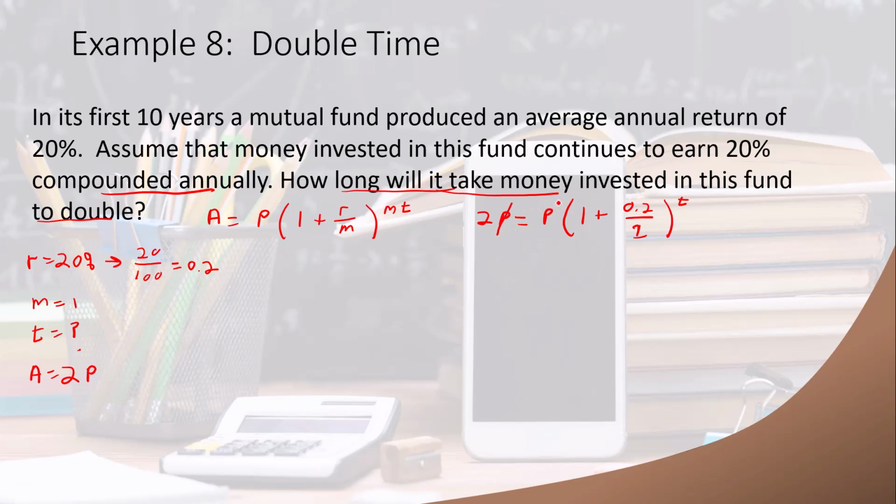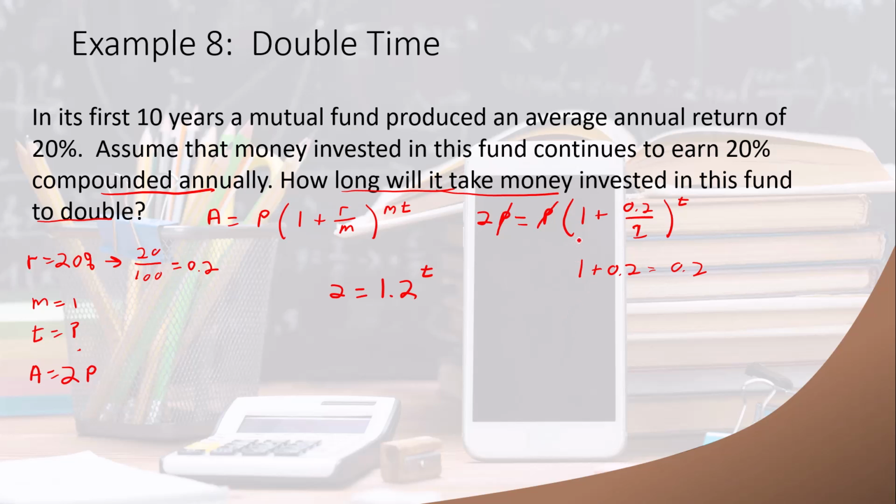They cancel out. If I divide both sides by P, they would be gone. 0.2 divided by 1 is just 0.2, so I could write this as 1 plus 0.2. So my equation then reduces to 2 is equal to 1.2 raised to the t power. And t is what we are looking for.